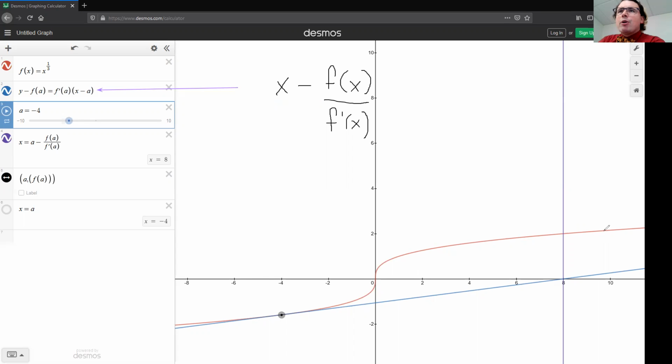As I go out farther, the derivative of this function goes to 0, right? This function is x to the power 1/3. So its derivative, f prime of x, is 1/3 x to the power -2/3. Or I could also write this as 1 divided by 3x raised to the power 2/3.